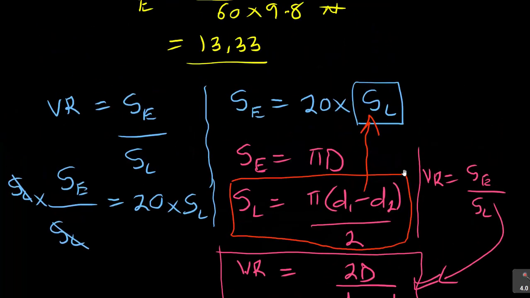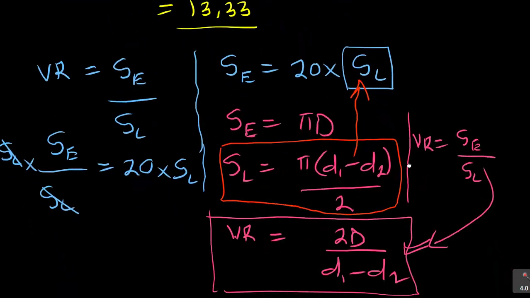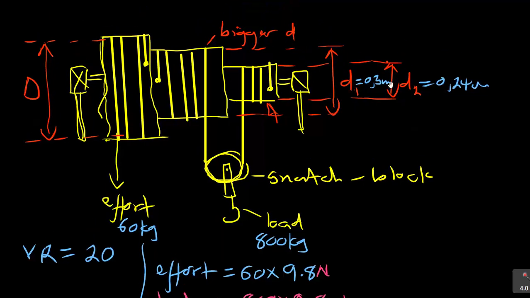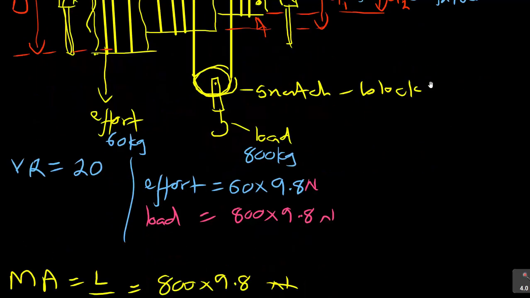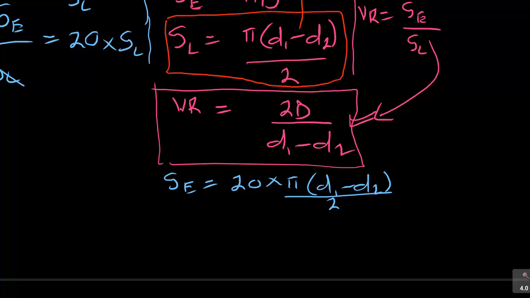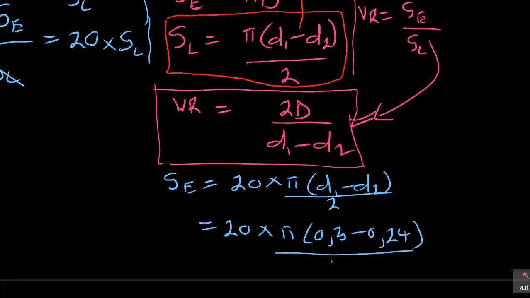Now remember, D1 and D2 are given. D1 is 0,3 and D2 is 0,24. So you substitute: 20 times pi times (0.3 minus 0.24), divided by 2.